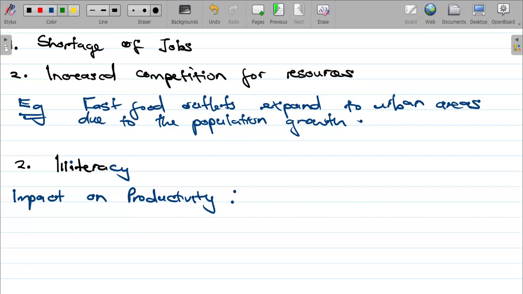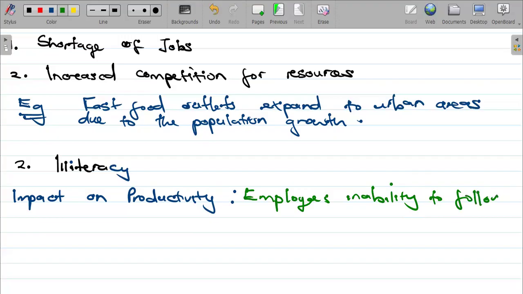So employees will struggle to follow instructions. Because of illiteracy, employees might have a problem in following instructions.